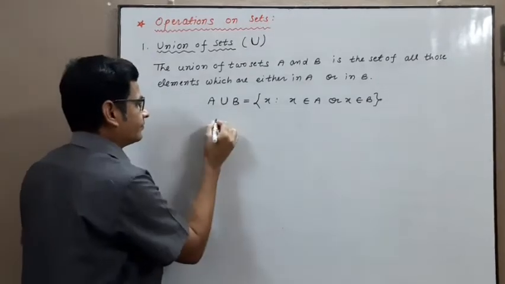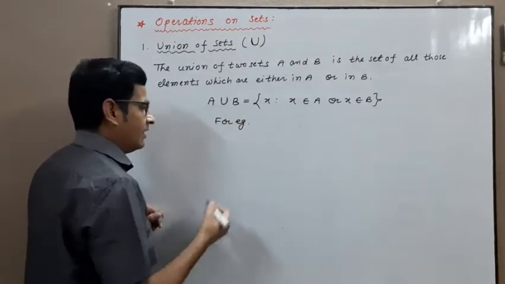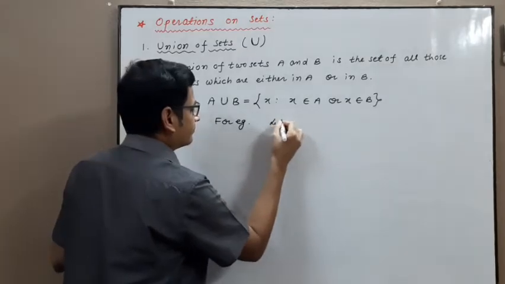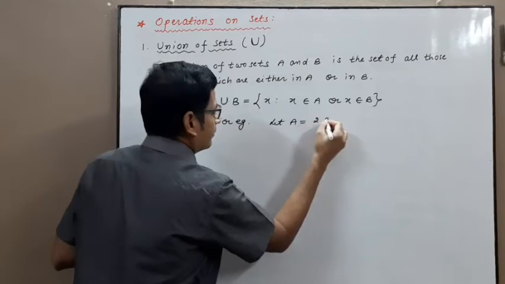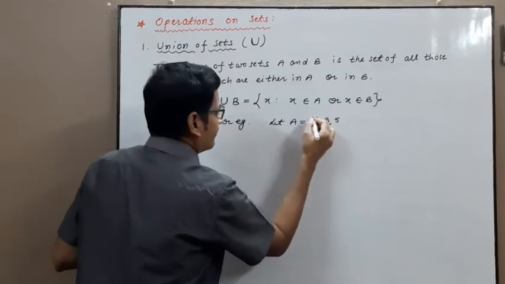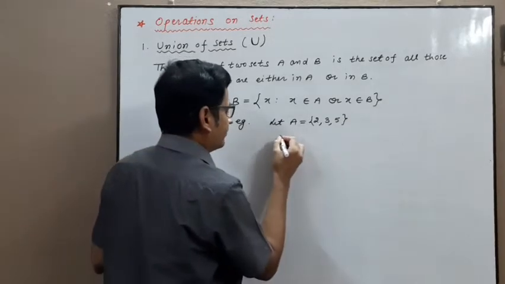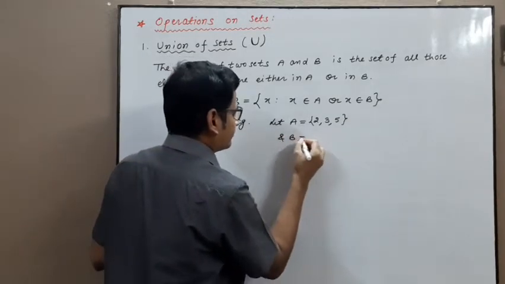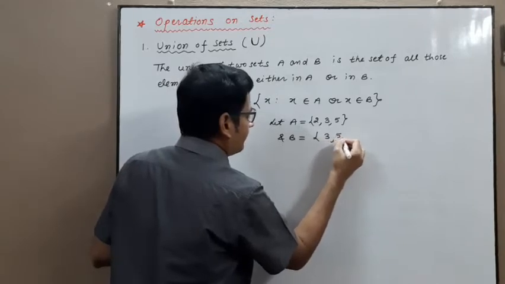For example, let A equal to {2, 3, 5} and B is equal to {3, 5, 6}.